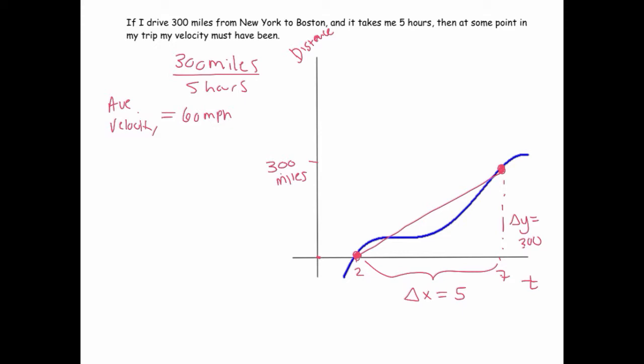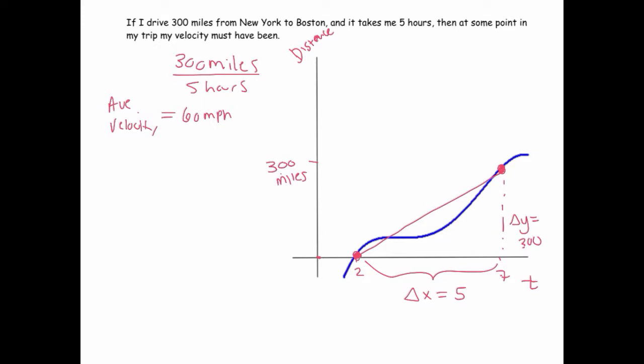Now the claim here, and this is what the mean value theorem tells us, is that your distance from home is a continuous function of time. You can't suddenly be in one spot on your drive and then magically teleport to a different spot in an instant.